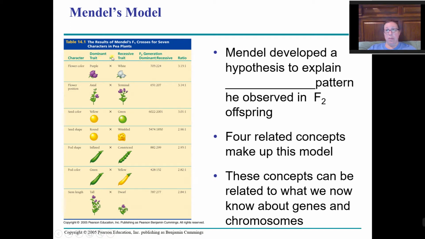So dominant simply meaning something that you see a lot, and recessive meaning something, in his case, that if you remember back to the purple and white example, in the first generation, so in the F1, he saw all purple, right? So that became the dominant, and then in the F2, the white trait came back, which meant that that was recessive. So those were the terms that he coined, okay?